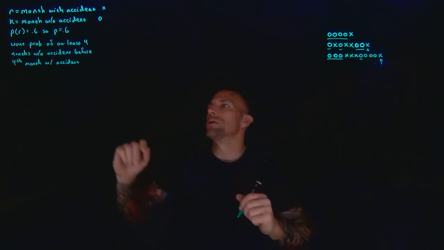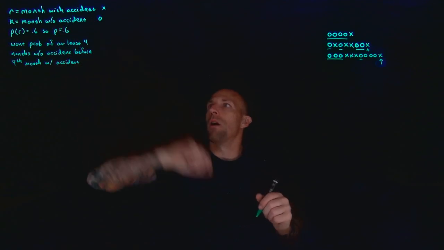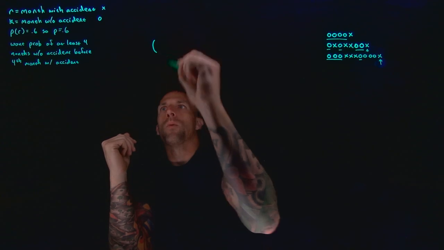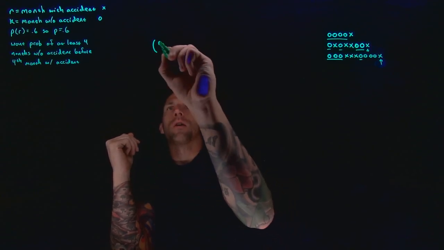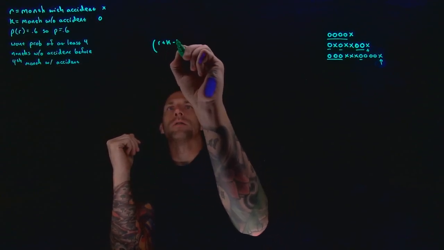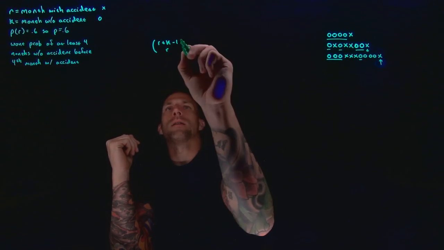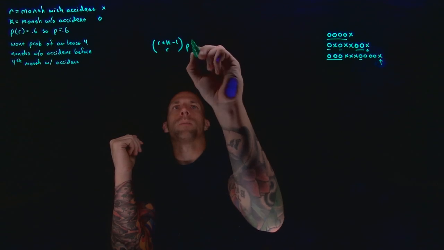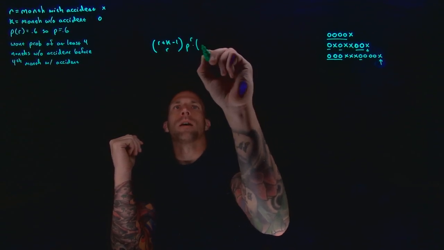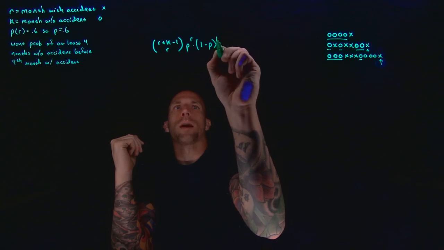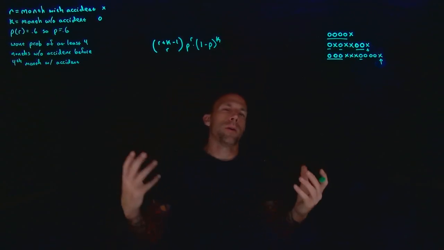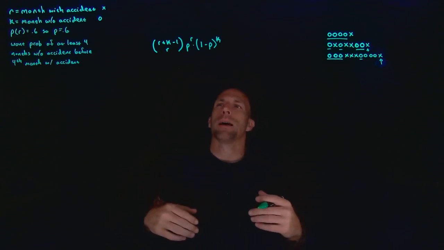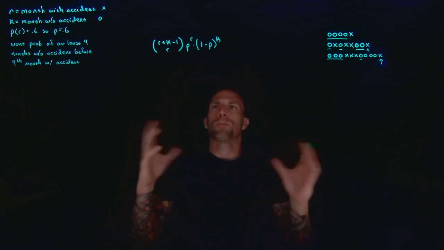Let's go ahead and run the numbers. I've said R is the month with an accident, and K is the month without an accident. So we've got R plus K minus 1 choose R, and then that's going to be probability raised to the R times complementary probability raised to the K. So R plus K is the number of trials, and so let's plug in things that we know.